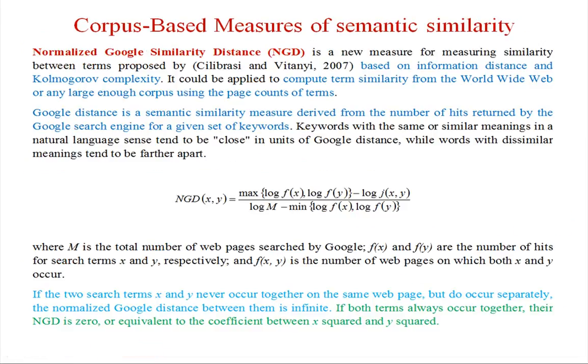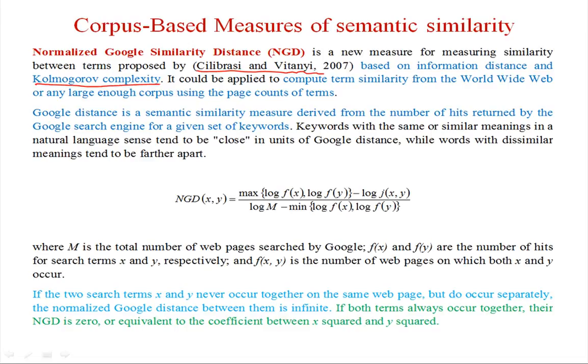Another corpus based similarity measure is the normalized Google distance. It is a new measure for measuring similarity between terms, proposed by Cilibrasi and Vitanyi, based upon information distance and Kolmogorov complexity.